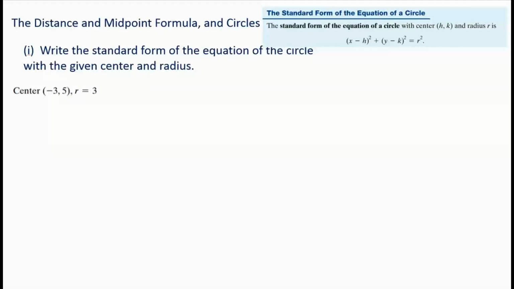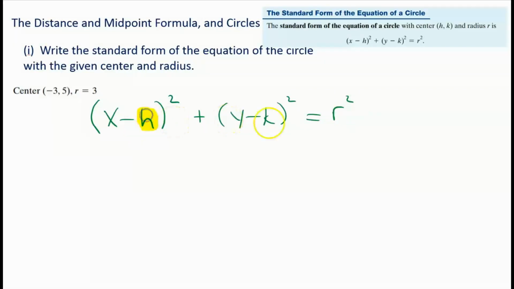All right, so my suggestion is every time you're asked to use a formula, go ahead and write out the formula. So you have x minus h squared plus y minus k squared is equal to r squared. And remember, the only thing you have to plug in for is h and k and r.